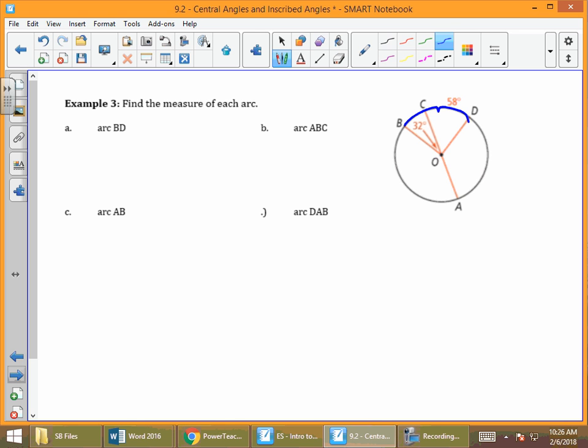How did you get 90? This angle right here is the central angle. It's 32. So we know this arc BC is also 32. Now that we know what that little arc is, we just add these two together. 32 plus 58 is 90.